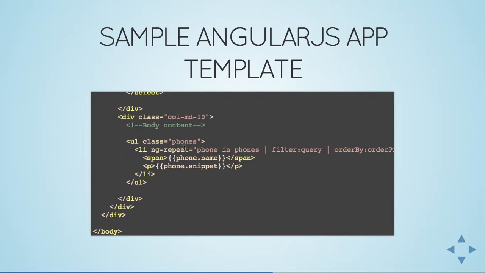And we can also see this custom attribute ng-repeat, which is essentially an iterator in the Angular world. And here's those double angle brackets I was talking about. So this means that we have bidirectional data binding on phone.name within this specific span. Similar with the phone.snippet here.